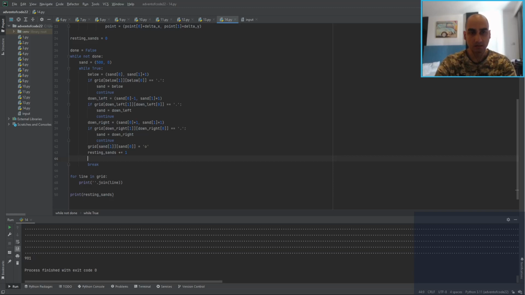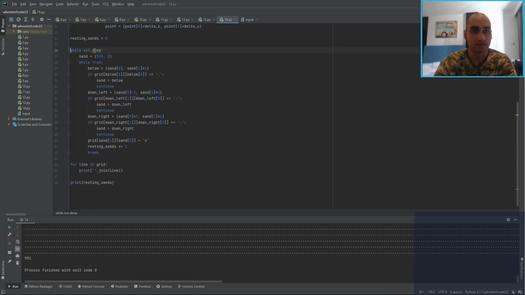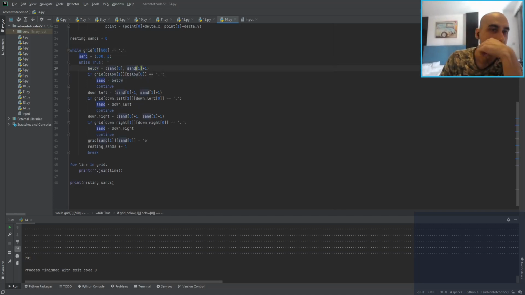Alright, better to make the while loop, put the logic into the while loop, then it's clearer. So while grid 0, 500 equals empty air, then we keep doing this.